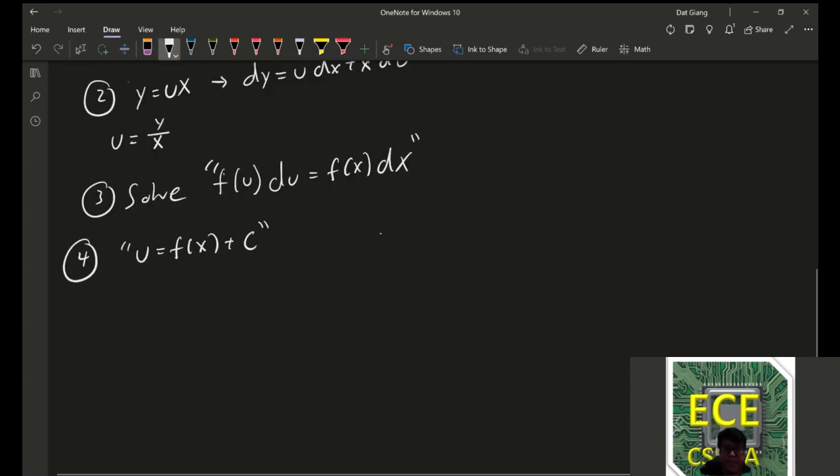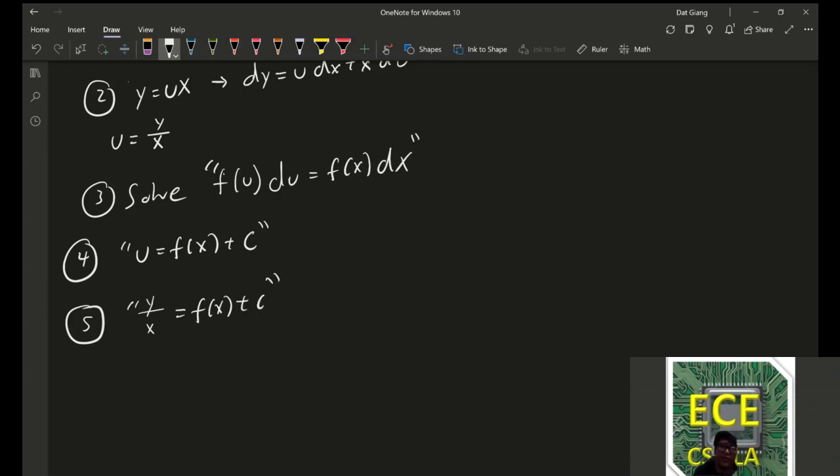Now, because we have u, we have the ability to substitute everything that contains u with y over x. So as such, we have y over x equals f of x plus c. Now note, this is a bit of a misleading form.